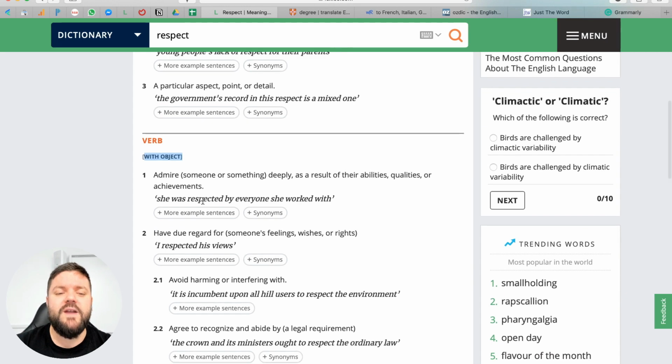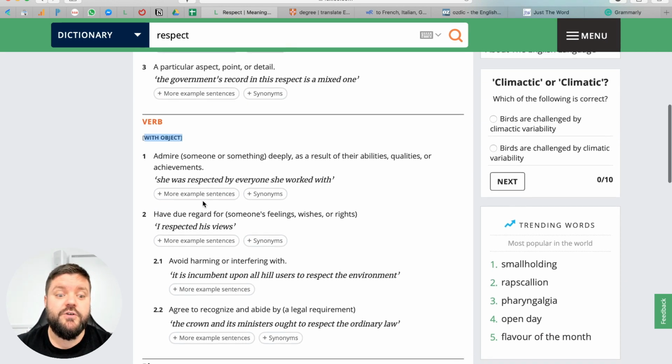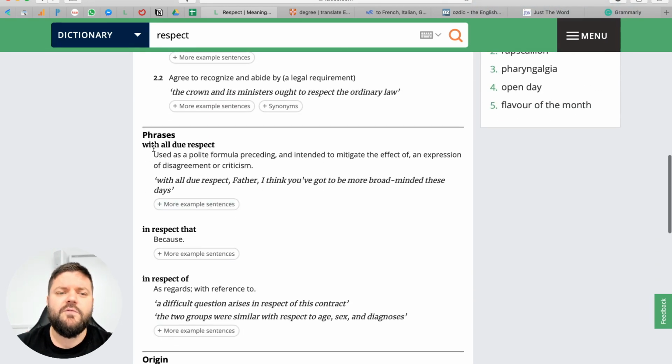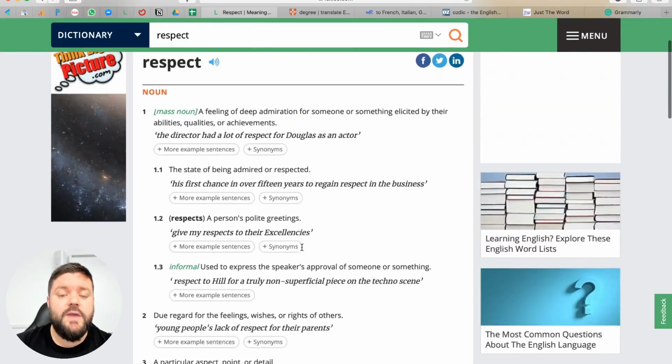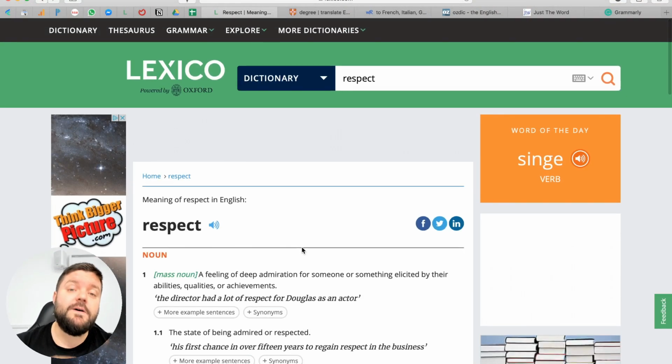So it's a great dictionary. And then some phrases like with all due respect, in respect of that, in respect of. So yeah, I love this dictionary, but I would recommend it specifically for students who are maybe at a B2, C1 level upwards.